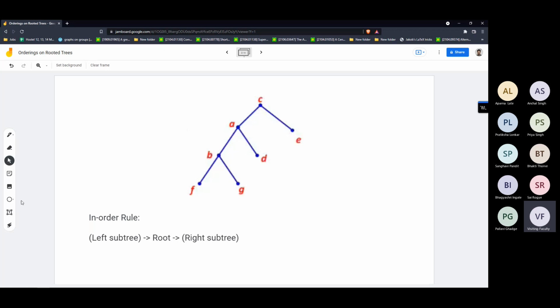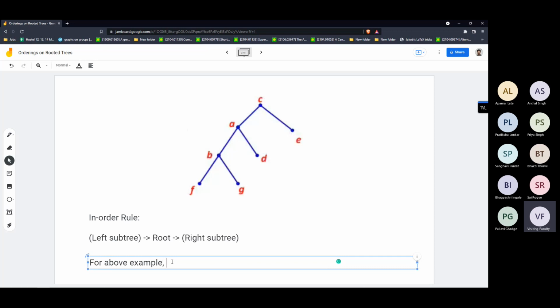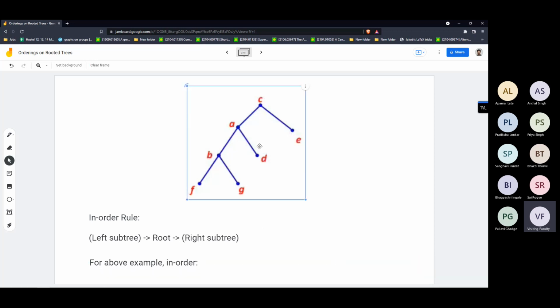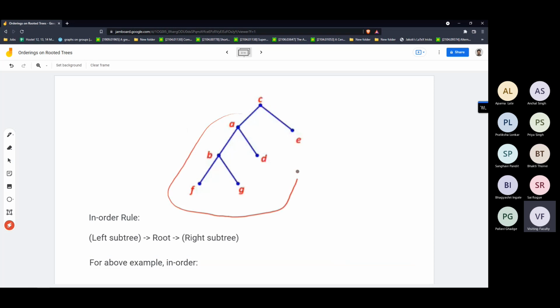So in this example, what will it become? Let's write it down. Now note this. This is the root that you're starting with. This is the left subtree.